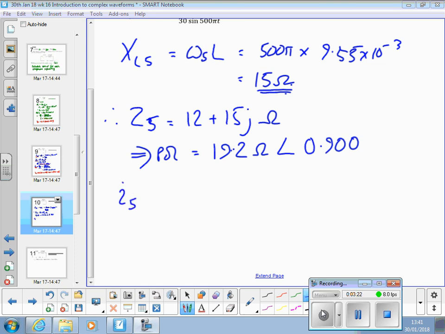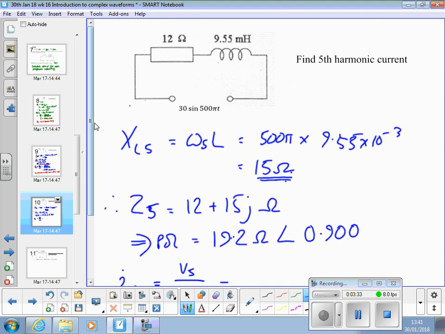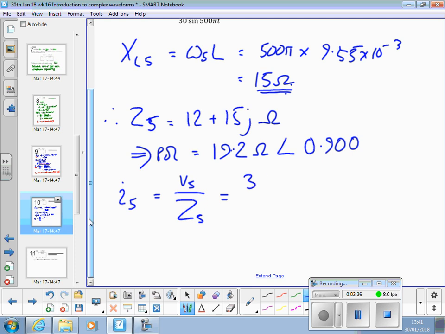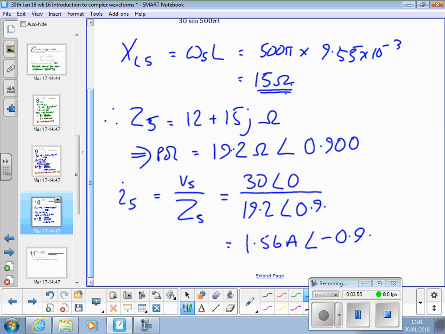So little I5 is equal to V5 over Z5. It's 30 volts on it, yeah. Comes out as, sorry, 1.56 amps, angle minus 0.9.